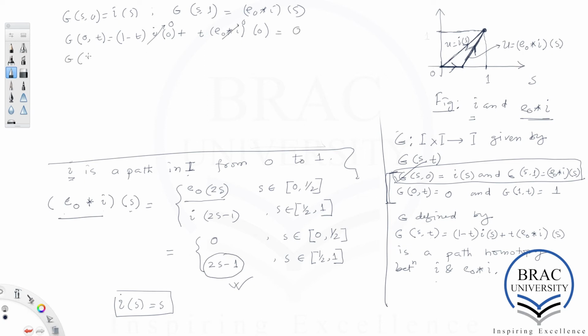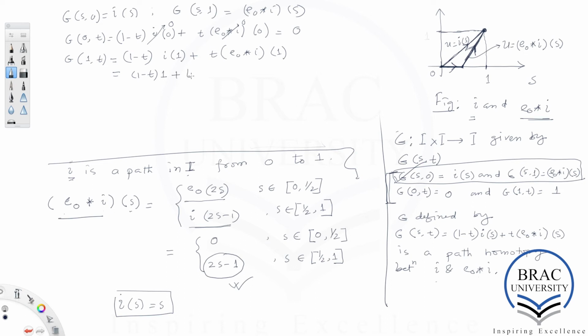Now G of 1 comma t is, I plug in s to be 1 on the right side, then I have (1 minus t) I of 1 plus t E0 star I at 1, and I is the identity map, so this is (1 minus t) times 1 because I of 1 is 1, and E0 star I at 1, this formula holds, right?